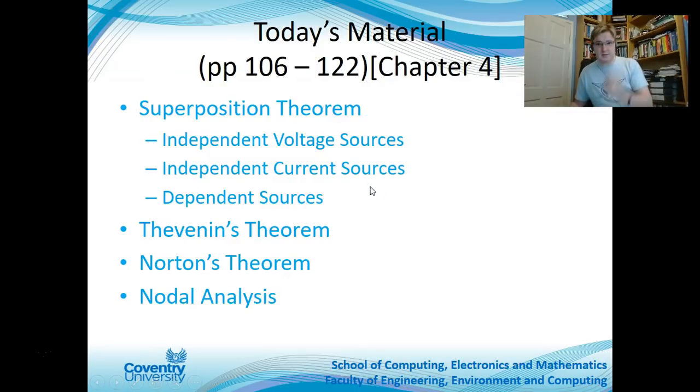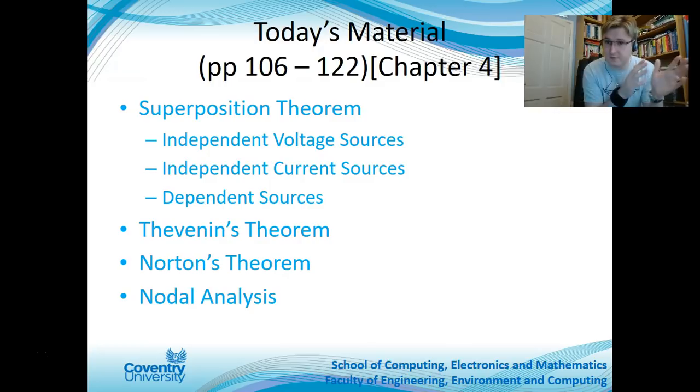Okay, so here's what we're going to do. This is from chapter 4. We've got superposition theorem. We're going to look at that with independent sources, both voltage and current, and dependent sources, to see what happens when we have dependent sources in there. We're going to do Thevenin equivalent and Norton equivalent circuits. A Thevenin equivalent circuit is where you reduce everything down to one voltage supply and one resistor, and a Norton equivalent circuit is where you reduce everything down to one current source and one resistor.